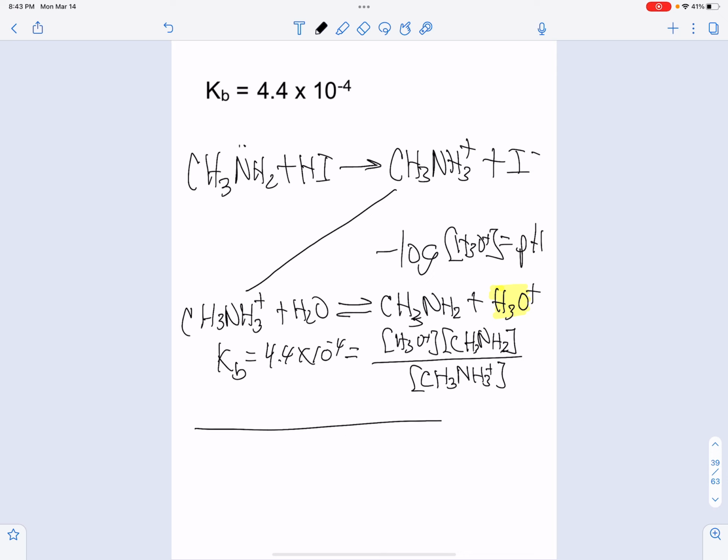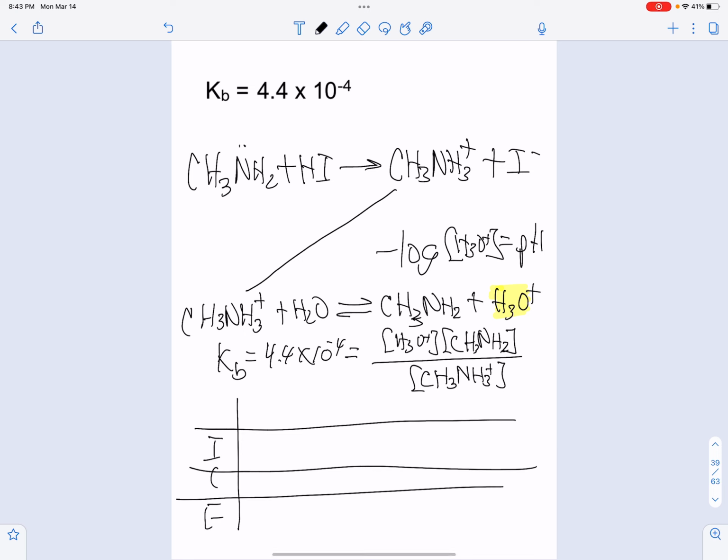Which means you're going to have to do an ICE table, where you're going to have your acid, your conjugate base, and your hydronium.